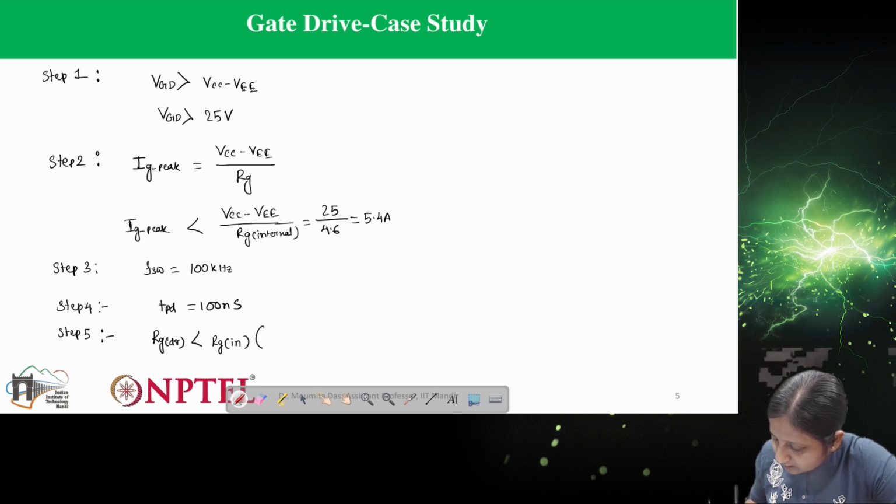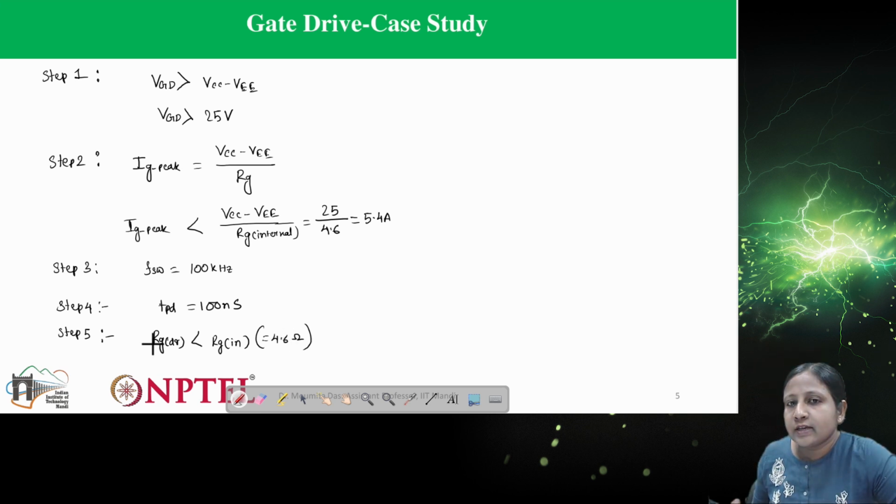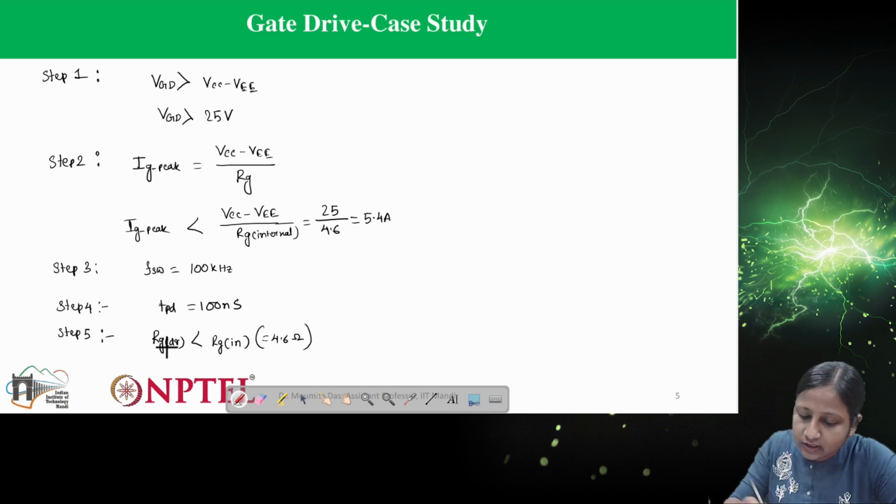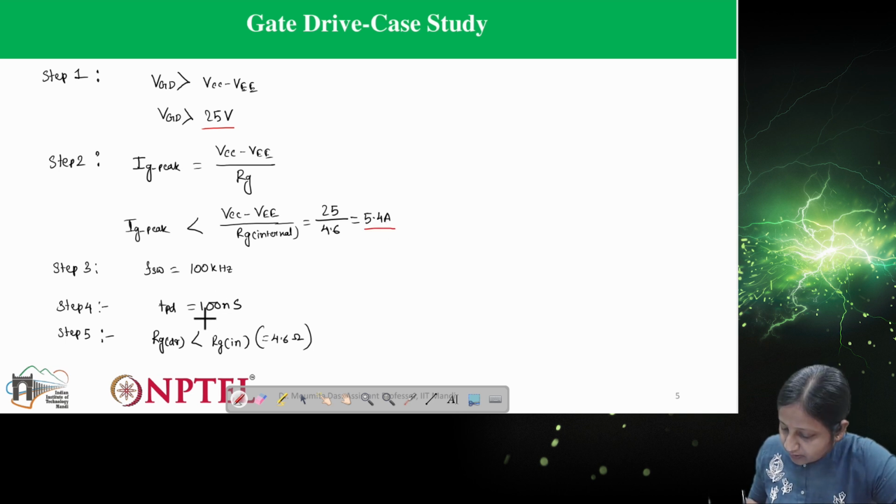So RG internal we know is equal to 4.6 ohm. So then RG gate drive should be less than this 4.6 ohm, the internal value. So based on this we can select our gate drive. So for the gate drive, first is the voltage rating, then the peak current, then we have to see the propagation delay, and then the resistance of the drive IC. So that is less than the internal resistance.